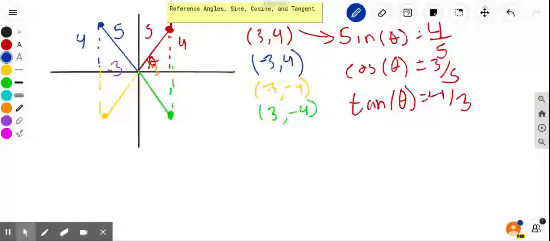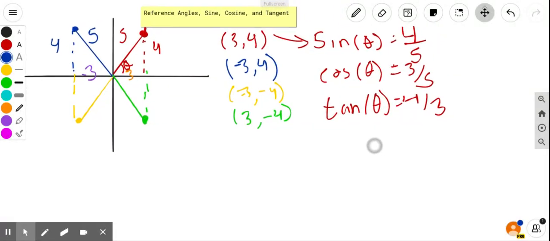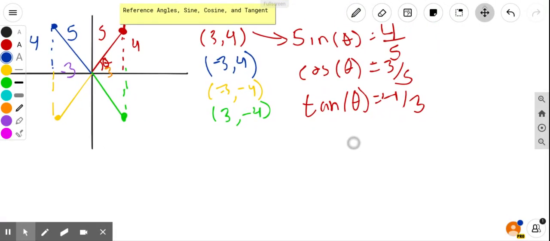So for that one, I can say that the sine of that angle, which is this one right here, should be 4/5.